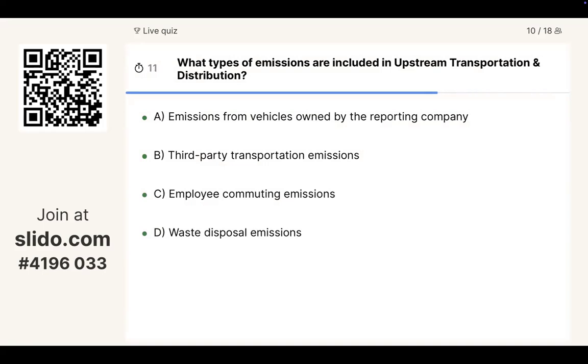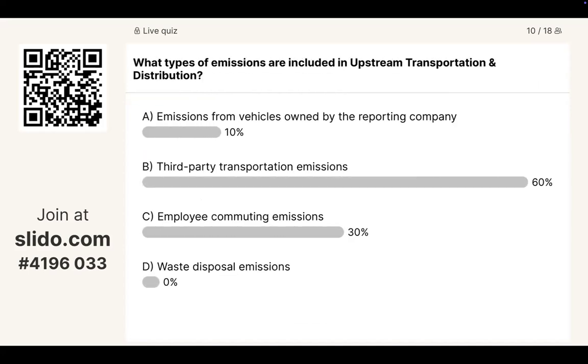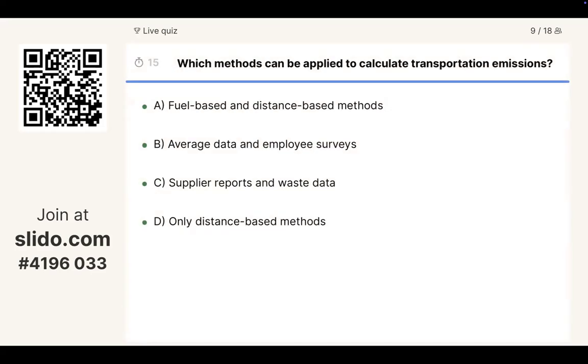The options: emissions from vehicles owned by the reporting company or third-party transportation services, employee commuting emissions, or waste disposal. Upstream transportation is third-party transportation emissions. Employee commuting is covered under employee commute. Vehicles owned by companies are scope 1. Waste disposal emissions have nothing to do with transportation and distribution.